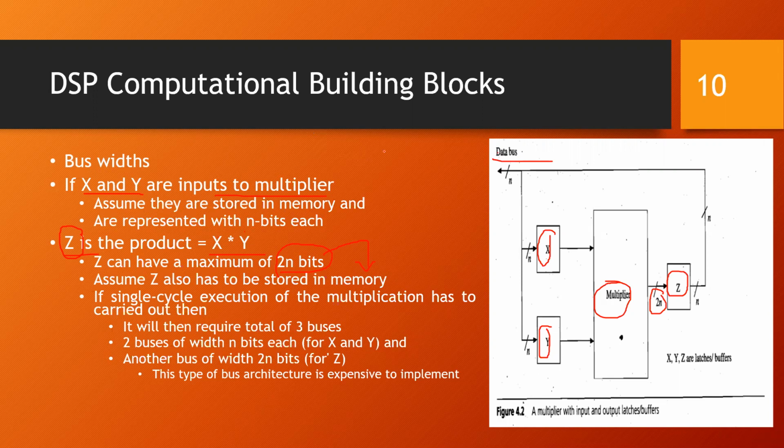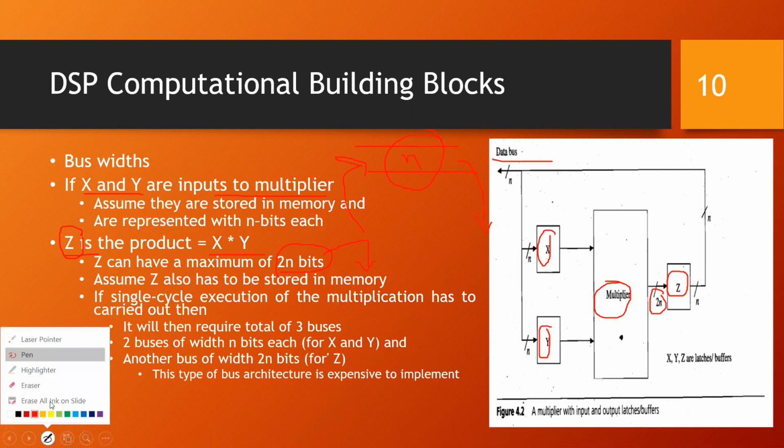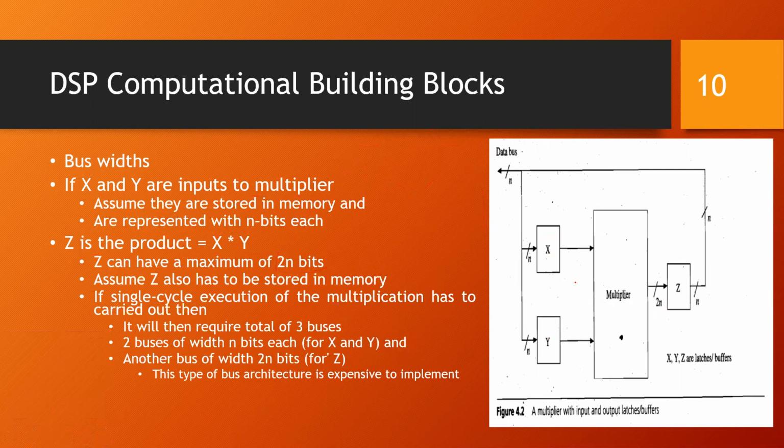For example, if I have a bus width of n bits, the same bus will be utilized to fetch the information and to store the information. So here you can see that I require an n-bit data bus to fetch x and an n-bit data bus to fetch y.